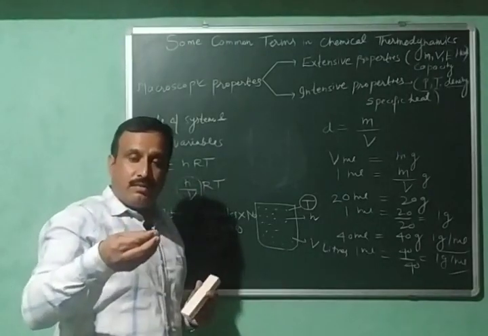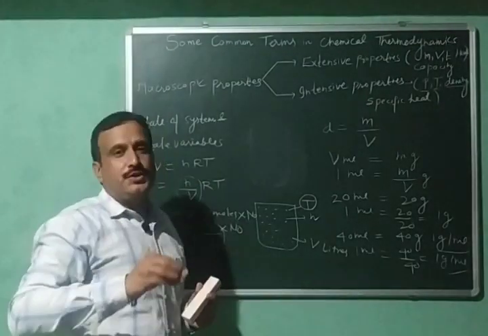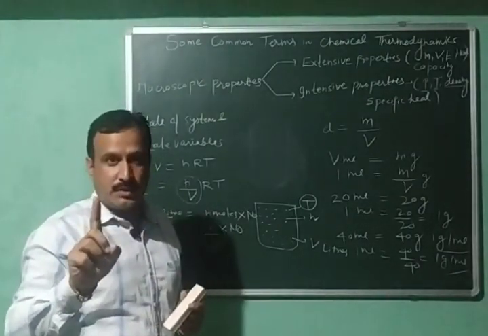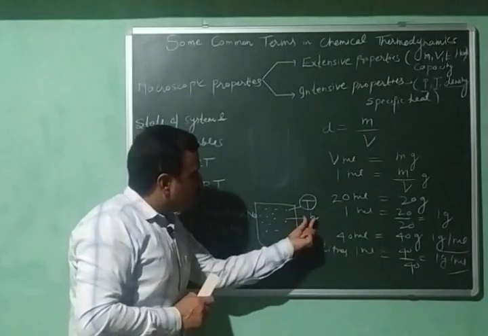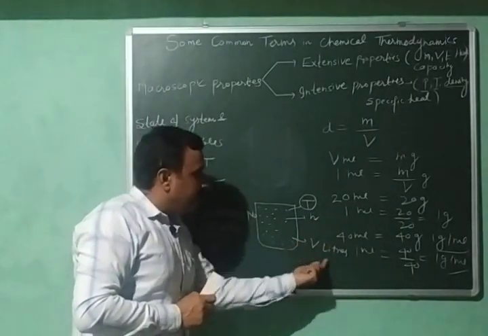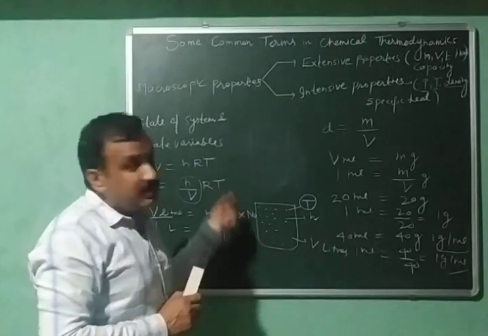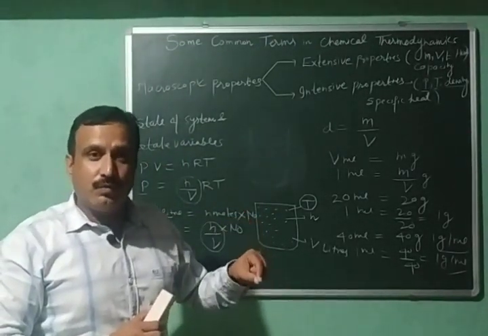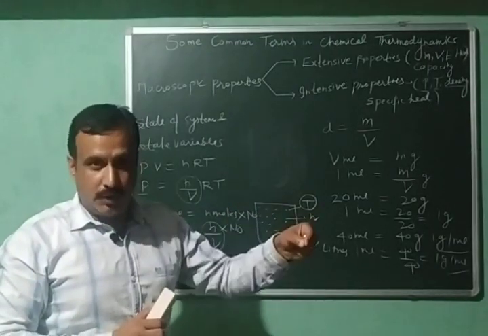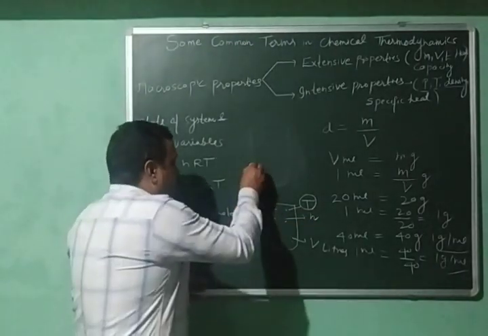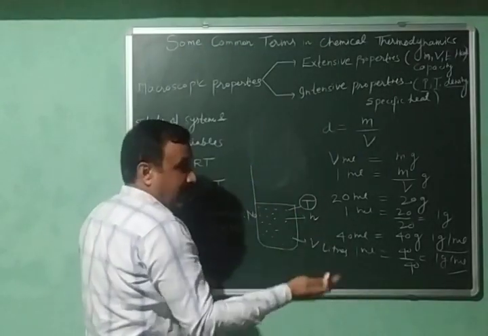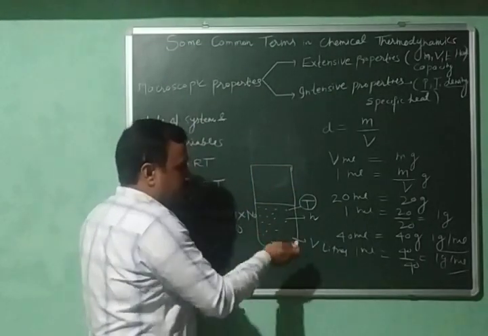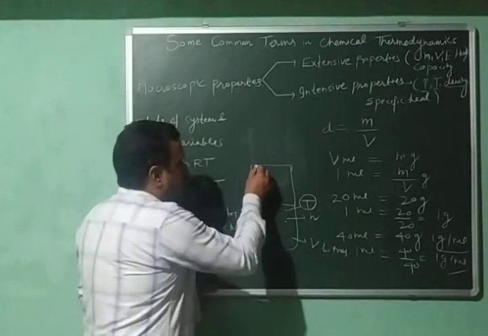Now I have added another n moles into it. But the volume will increase, I am not keeping the volume constant. It means that if n moles are occupying V liters, then to add another n moles I should have V liters more volume. So the volume has to be increased by another V liters.